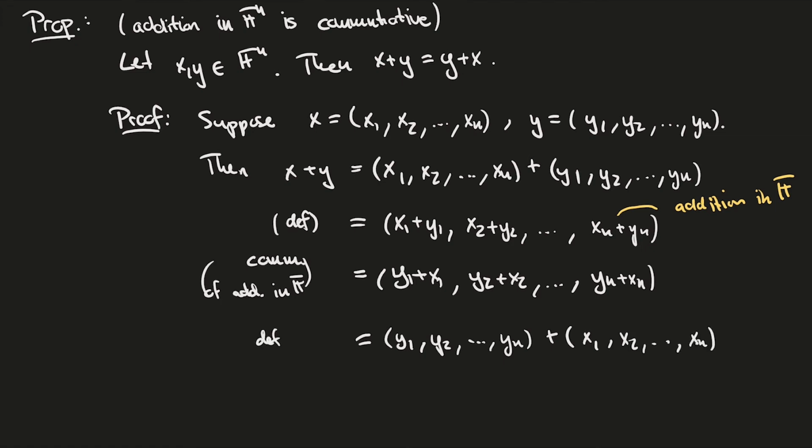This is the definition of addition, but now used on the vector y1 plus x1, comma, y2 plus x2, and so on, in order to give the reverse ordering of the vectors we started with. And now we remember that y1, y2, and so on is just y, and x1, x2 up to xn is just x, and this means that this bottom expression is y plus x, and this is what we wanted to show.